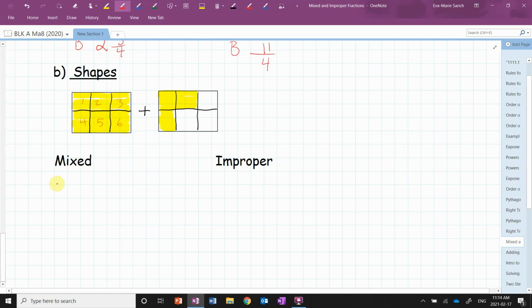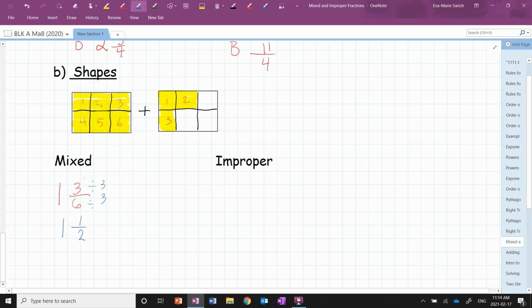So we've shaded in one whole rectangle, and then we've shaded in 1, 2, 3 pieces out of the 6 that it's been cut into. So that's 1 and 3 out of 6. Now this can go lower, because we can divide both of those by 3. And what do we end up with? 1 and 1 over 2. So 1 and 1/2.